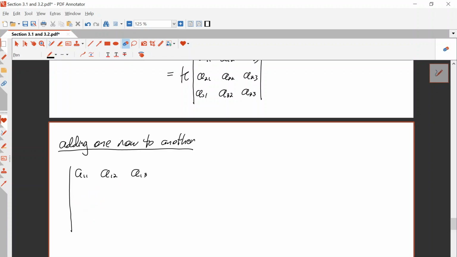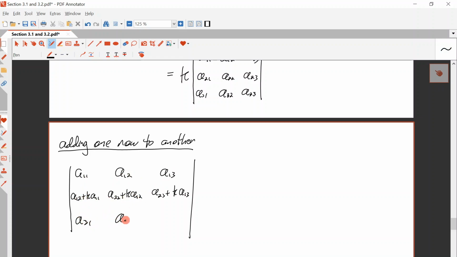So we're adding k times row 1 to row 2. So we need a little more space. A22 plus KA12, A23 plus KA13. I added k times row 1 to row 2. And this is A31, A32, A33.